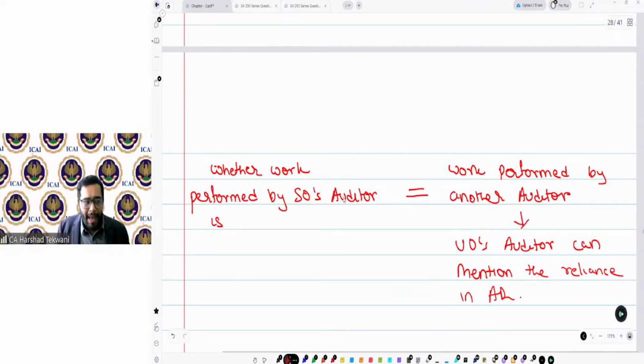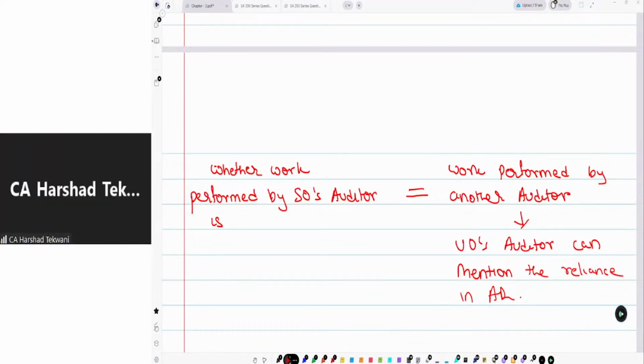Can I say that whatever work has been performed by the service organization's auditor is similar to the work performed by another auditor, and I can mention in my audit report that I have relied upon the work performed by the service organization auditor? Do you think that can be done?